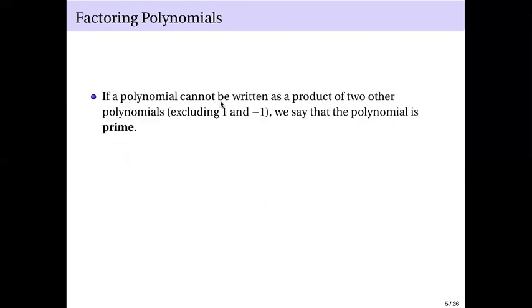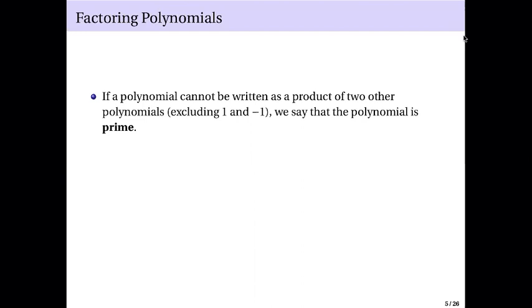So if a polynomial cannot be written as a product of other polynomials, excluding 1 and negative 1, we say that the polynomial is prime. So if you have the integers, the usual definition that we have is, an integer is prime if the only factors are 1 and itself.